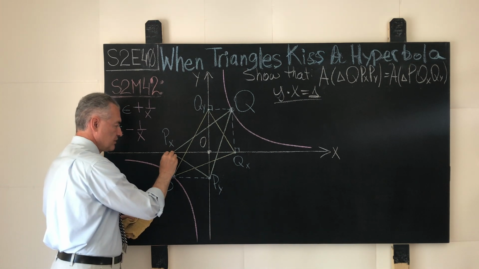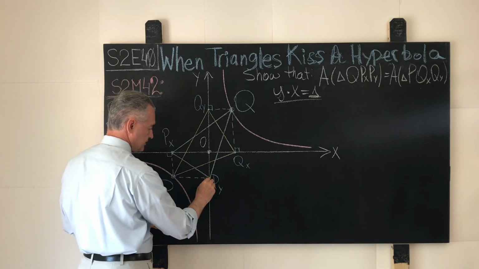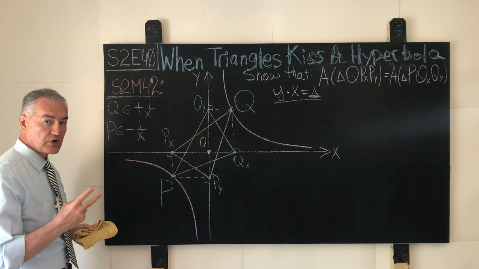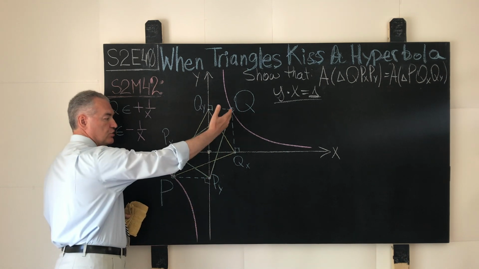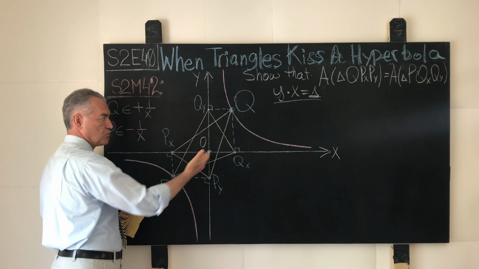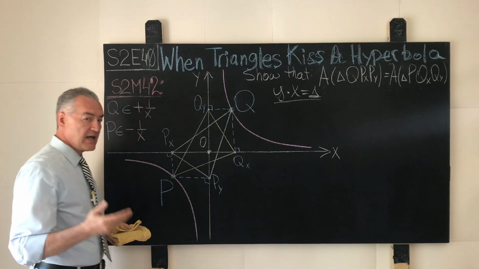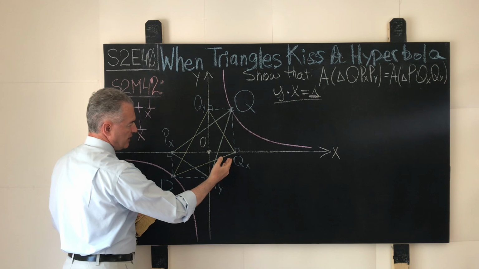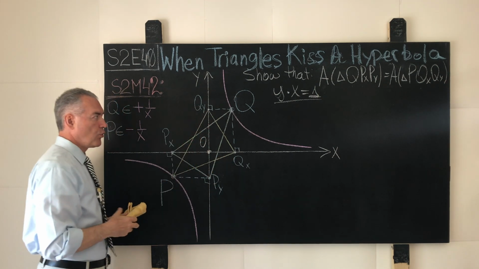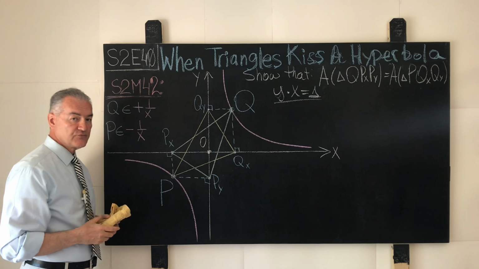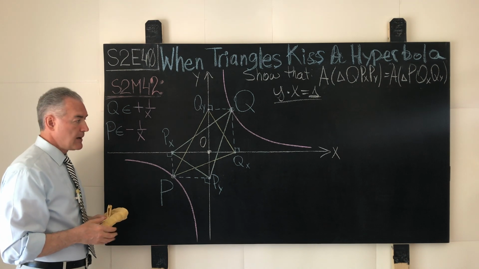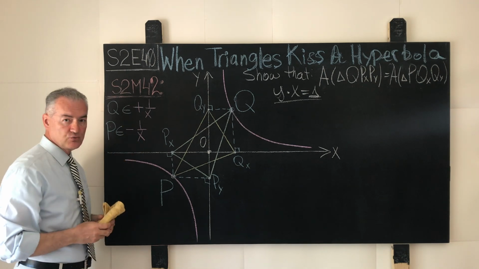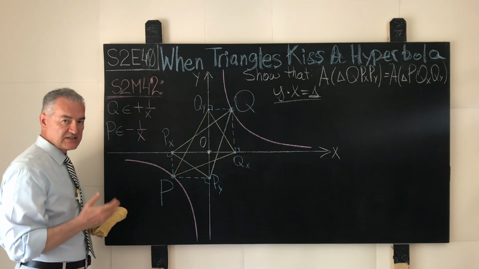And the author of this problem is somehow convinced that if we construct the following two triangles, the triangle Q, P sub x, P sub y, and the triangle P, Q sub x, Q sub y, then the areas of these triangles will be one and the same, and the objective of the problem S2E40 is to show precisely that.